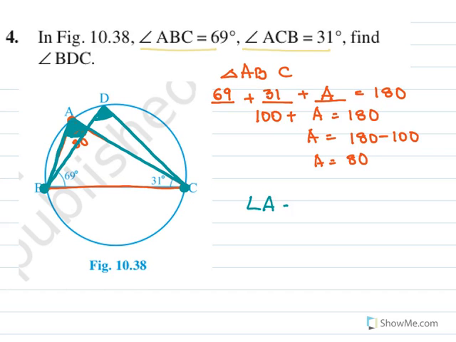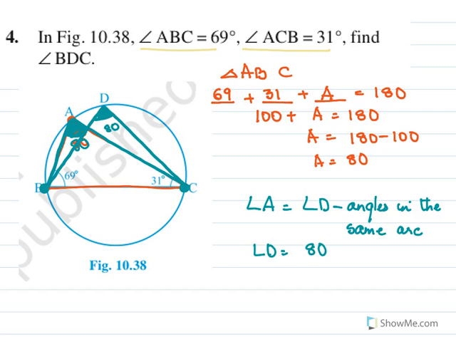So angle A equal to angle D, angles in the same arc. So this is 80, so this angle also is 80. So angle D is also 80. And we know angle D is BDC, which is equal to 80 degrees.